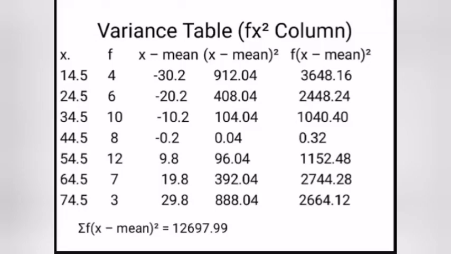Then 54.5 minus 44.7 is 9.8. 64.5 minus 44.7 is 19.8. The last one is 74.5 minus 44.7, that's 29.8. The next thing we're going to find is the square of this deviation, the square of what we just got.